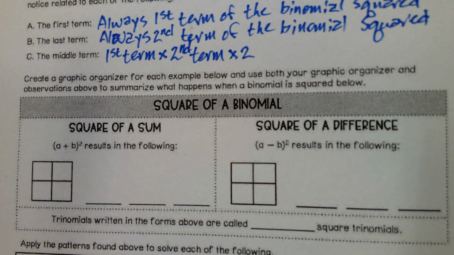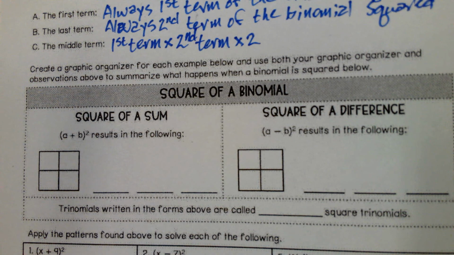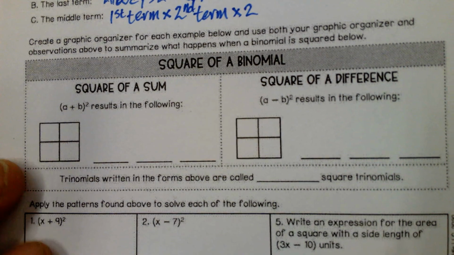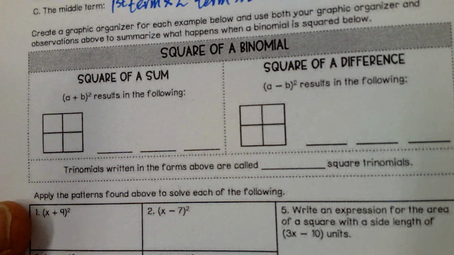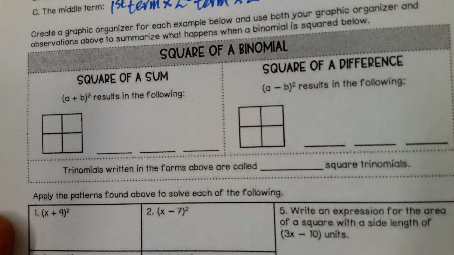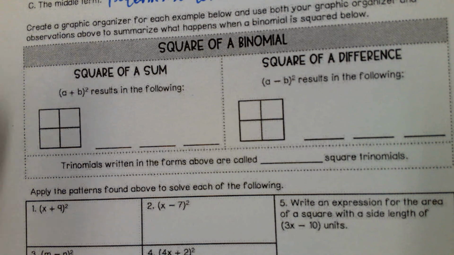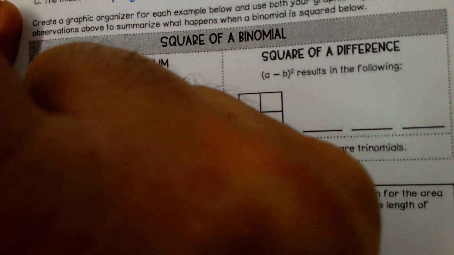Okay? All right. So what we're going to do next is kind of develop that unique pattern. The way we're going to get this is by multiplying a plus b by a plus b, and then a minus b by a minus b. And that will give us the general pattern. Okay, so let's put a and b here and a and b here.